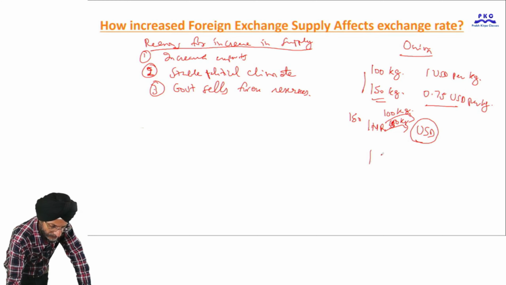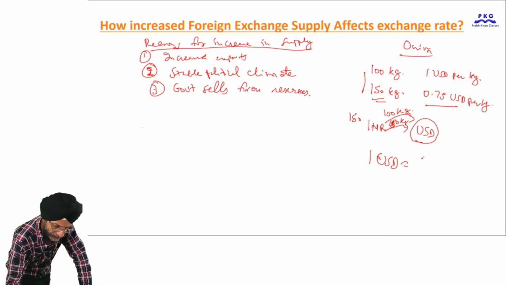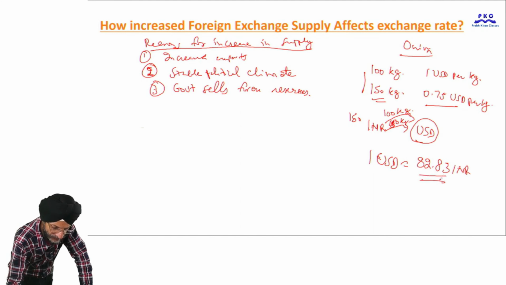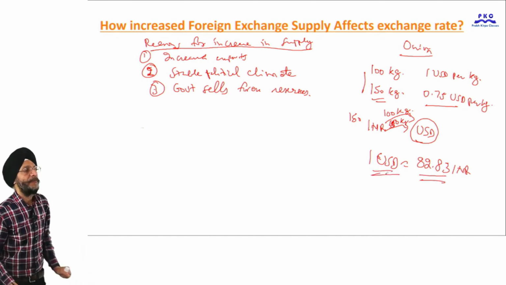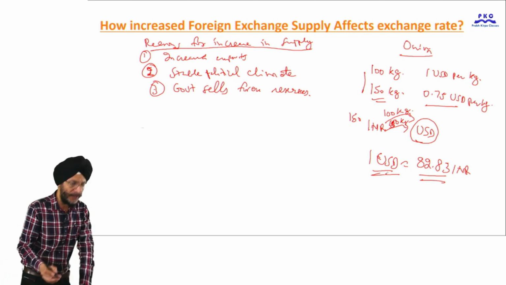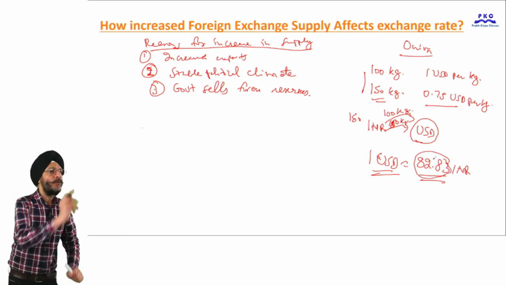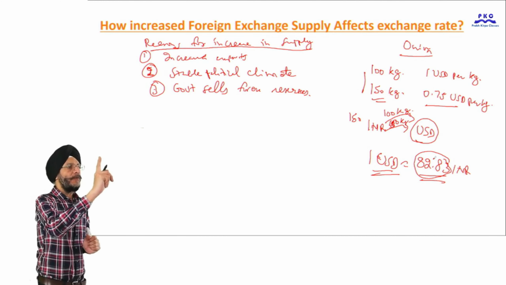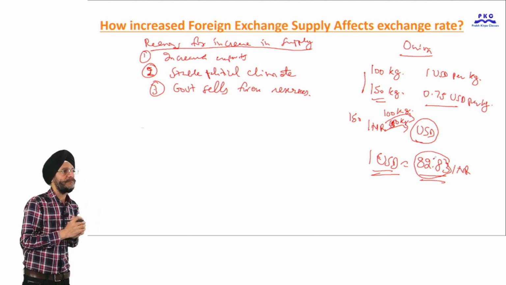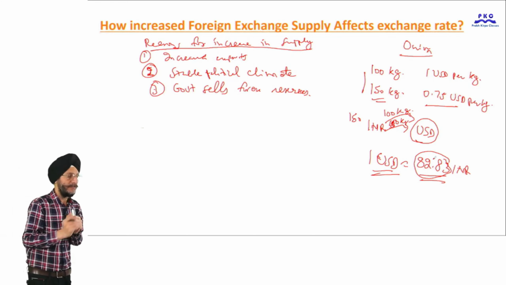Let us understand what we have said. Suppose the value of 1 US dollar at present is 82.83 Indian rupee. Exchange rate means that we will have to pay 82.83 Indian rupee to get 1 unit of US dollar. This is exchange rate.